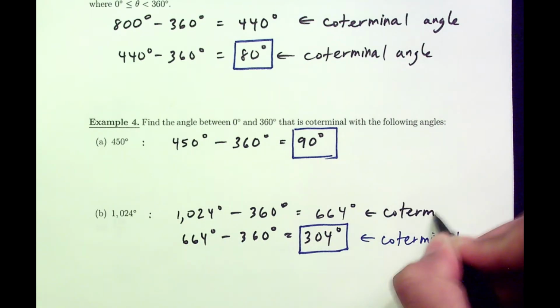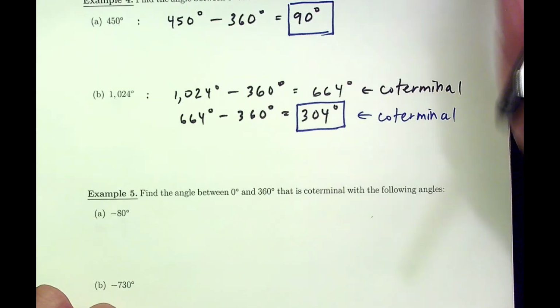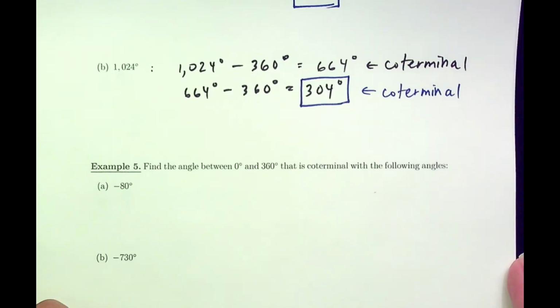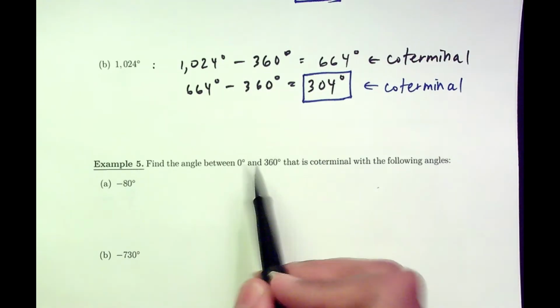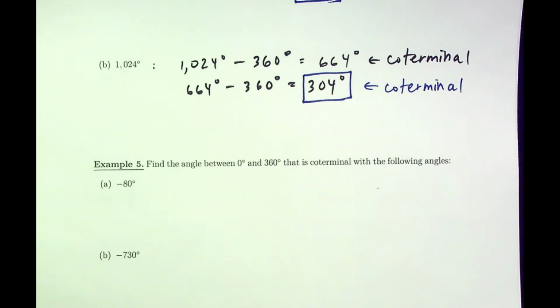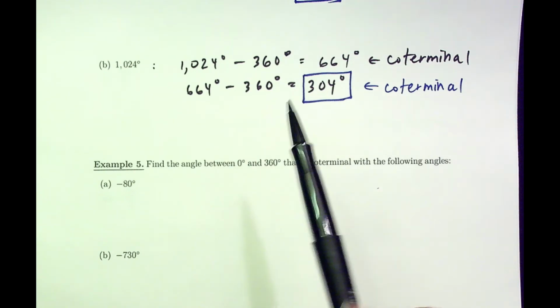Okay. When you start out with a negative angle, in that case, you want to bring it between 0 and 360. In that case, you need to add 360. You want to bring it from the negative side to the positive side. So in this case, instead of subtracting like in these ones, we want to bring it to the positive side. So we're going to add 360.